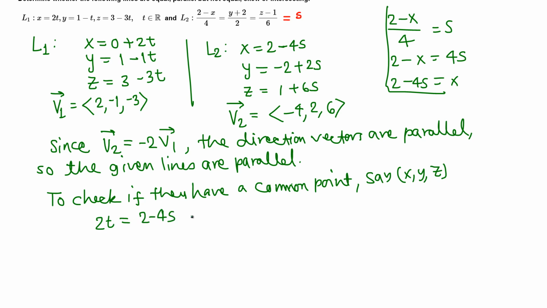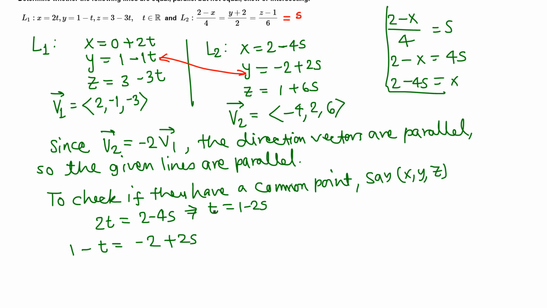Let's solve for one variable, maybe t: divide by 2, so t equals 1 minus 2s. And if we set the second equal, y equals y, then we plug in this t in the second: 1 minus t equals minus 2 plus 2s.